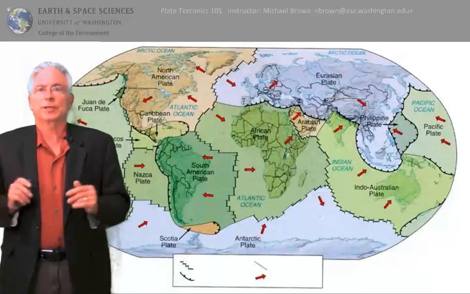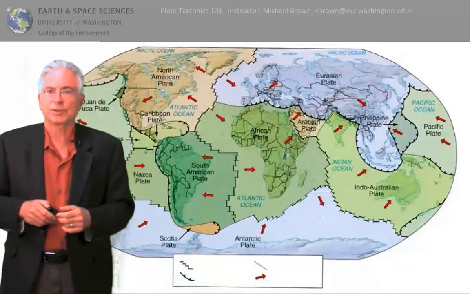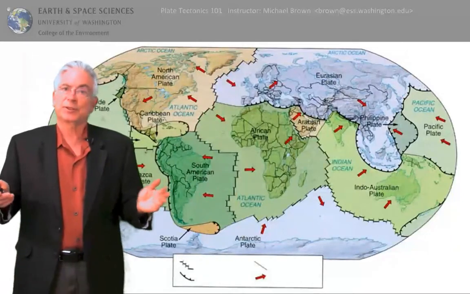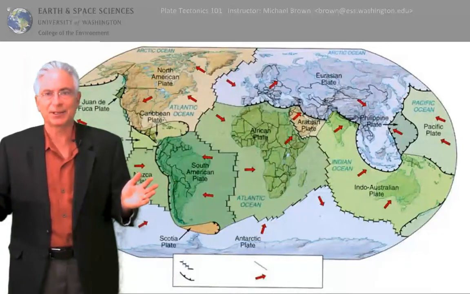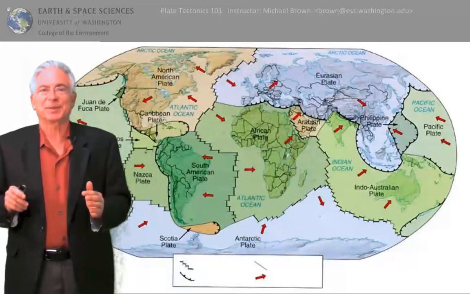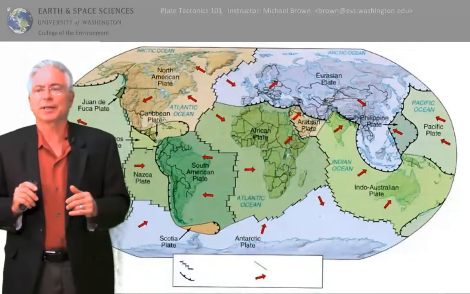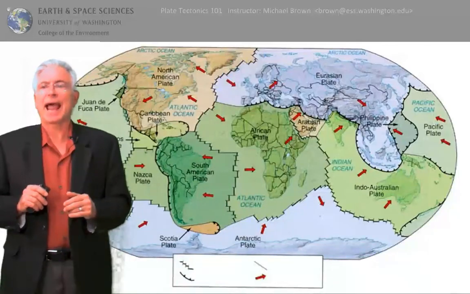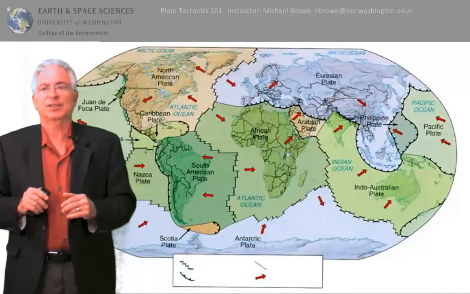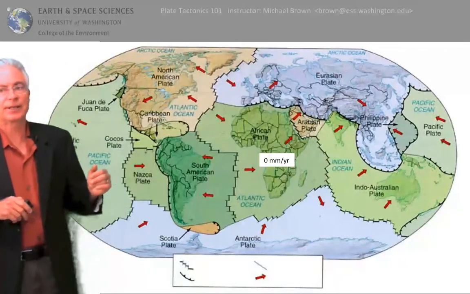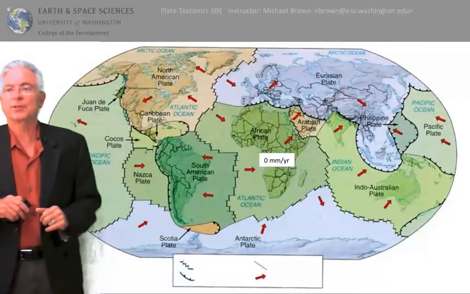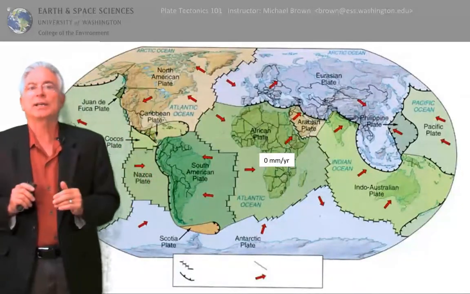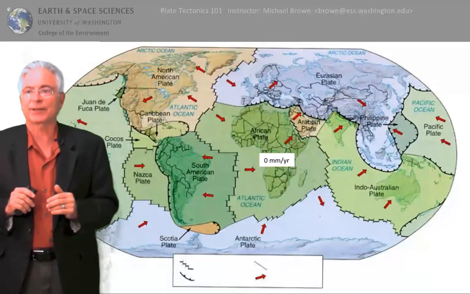Here's a map showing plates and boundaries and directions of motion. Now, if the Earth's surface is all in motion, it's a bit hard to tell what the coordinate system is, motion relative to what. But for now, let's take Africa as being stationary. So if Africa is moving 0 millimeters per year, let's ask how the other plates are moving relative to Africa.